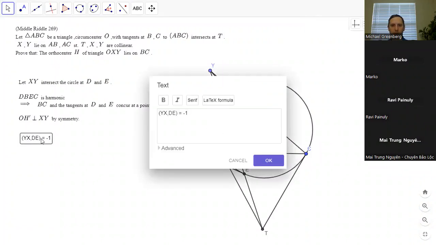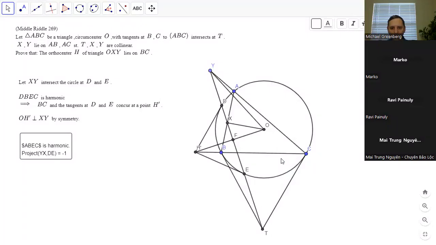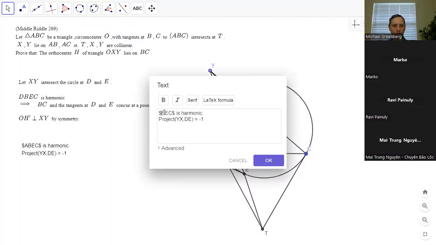So first of all, we have ABEC is harmonic. And then if we project BBEC, and if we project through A onto the circle, we have yx dE is harmonic.